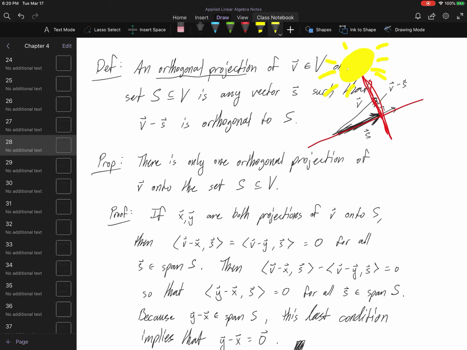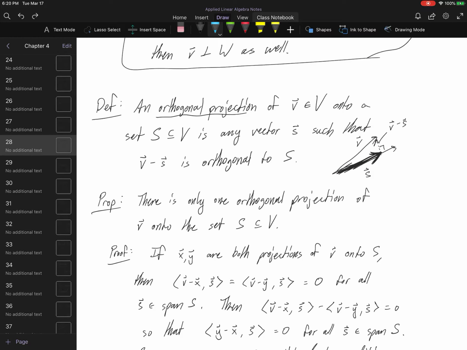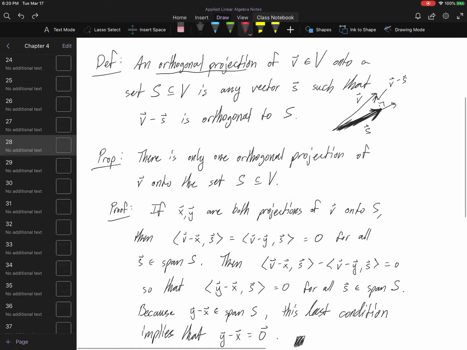Okay, and the sun is going to shine on V, and V will cast a shadow on this subspace that is spanned by S, or the vectors in S. Right, so that's what this picture is saying, is that we will get this shadow vector right here, and we're going to call that the orthogonal projection of V onto S. Let's see if I can clear that picture now.